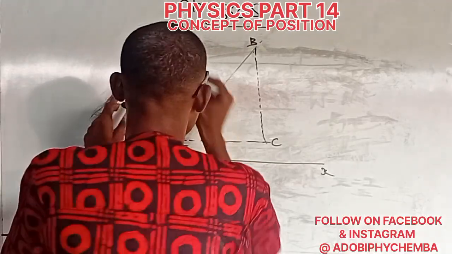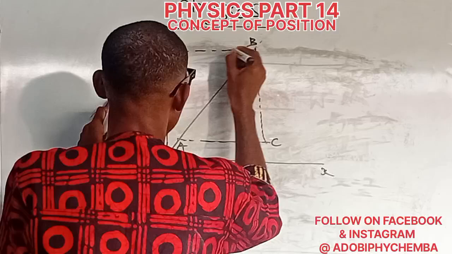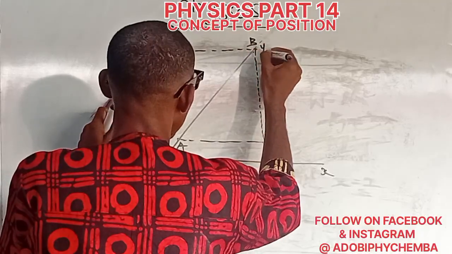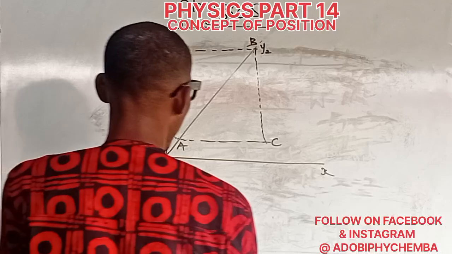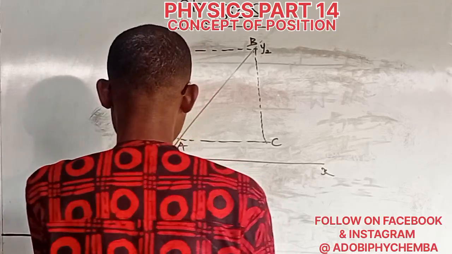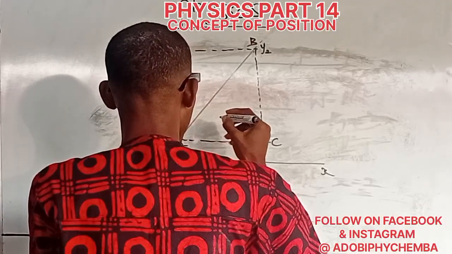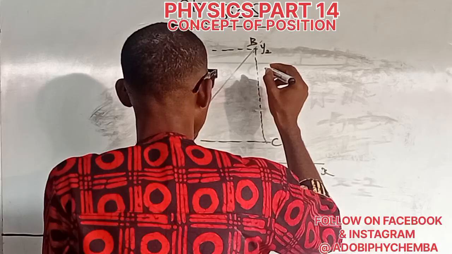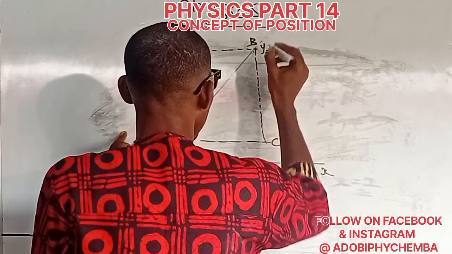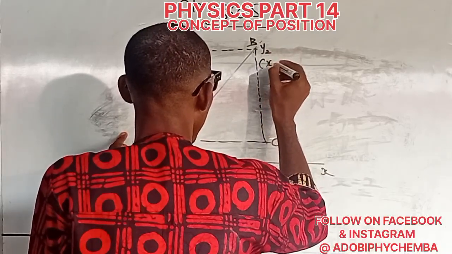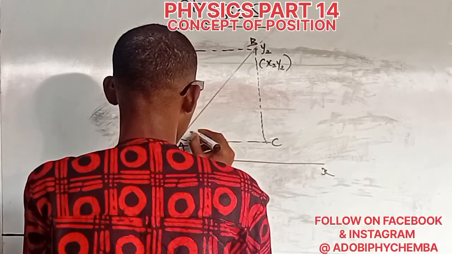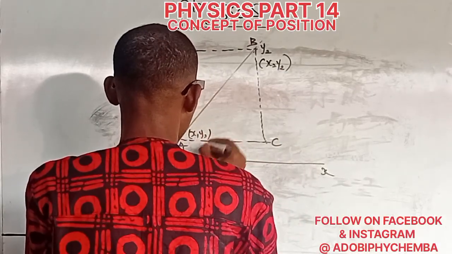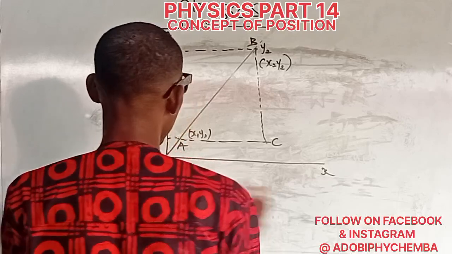From this point to this point, that's your y2, and this point is your y1. So around there, you have x2, y2, and around there, you have x1, y1.